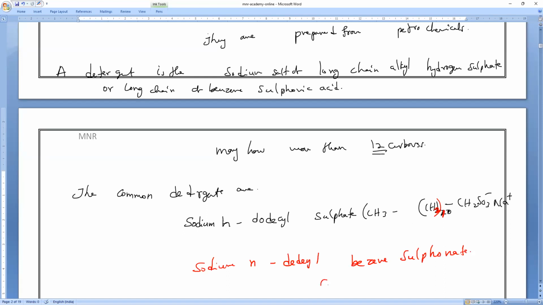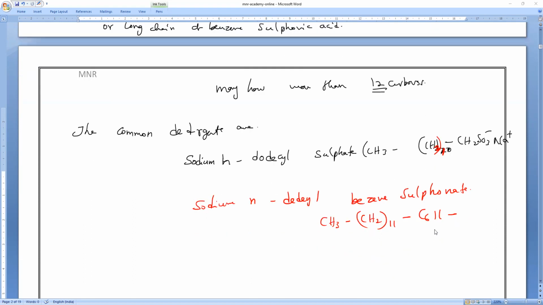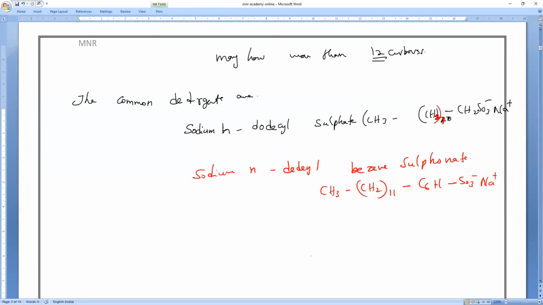The formula is CH3(CH2)11 C6H4 SO3 minus Na plus. Everywhere it is common: sodium salts only. Soaps are sodium and potassium salts, but detergents are only sodium salts.